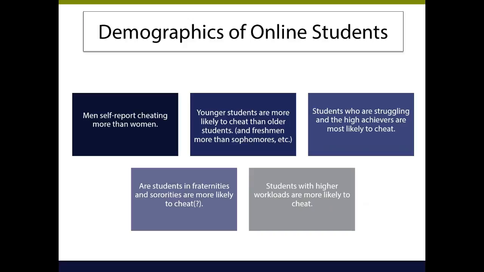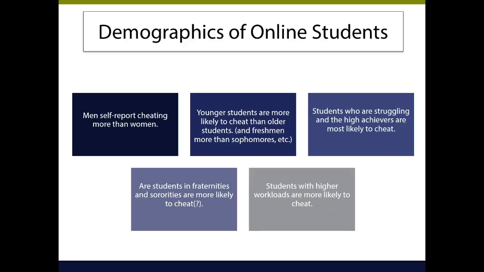Now, if we look at the demographics of online students, that might help us figure out if cheating in online classes just based on demographics is more or less likely. At Front Range Community College, our online demographics are skewed toward older students, skewed toward female students. When it comes to struggling and high achievers, we're pretty much across the board, but I will say almost every student in an online class is pretty much like a new college student.